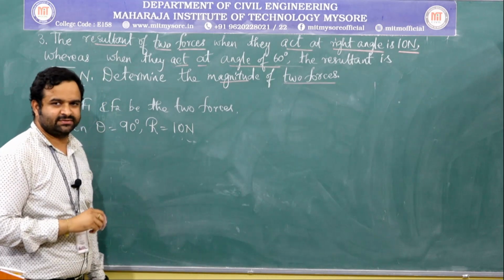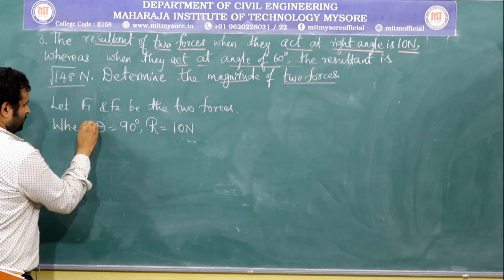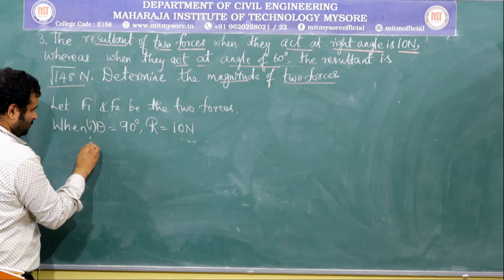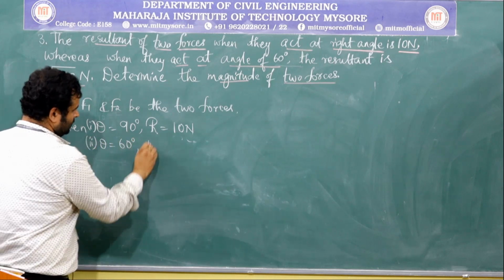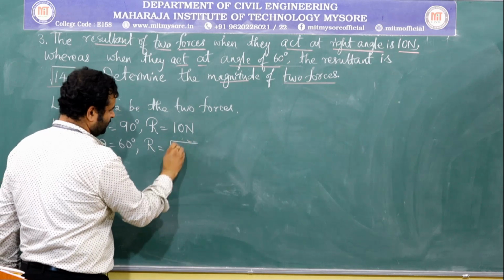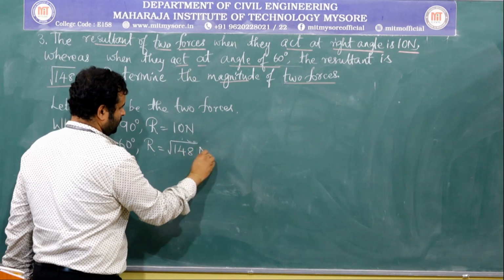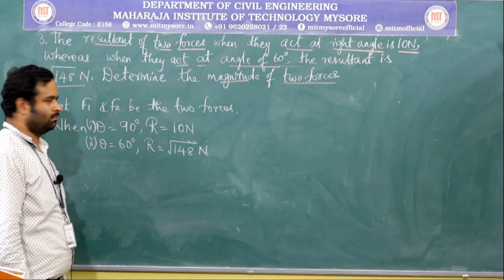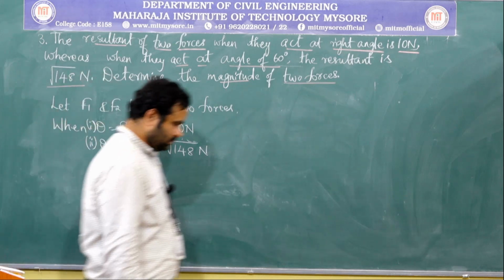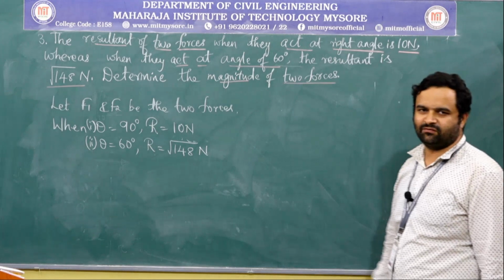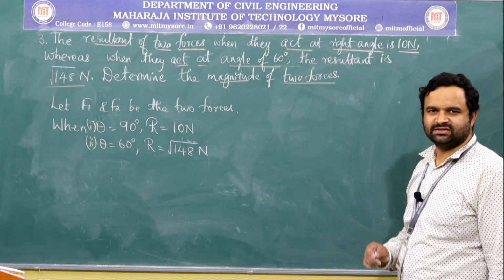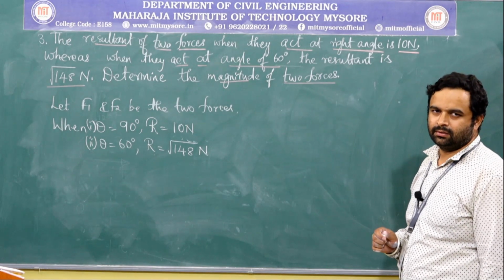This is first case. When theta is equal to 60 degrees, resultant R is root of 148 Newton. Okay. So, you need to determine the magnitude of the forces F1 and F2 when the cases are as given.